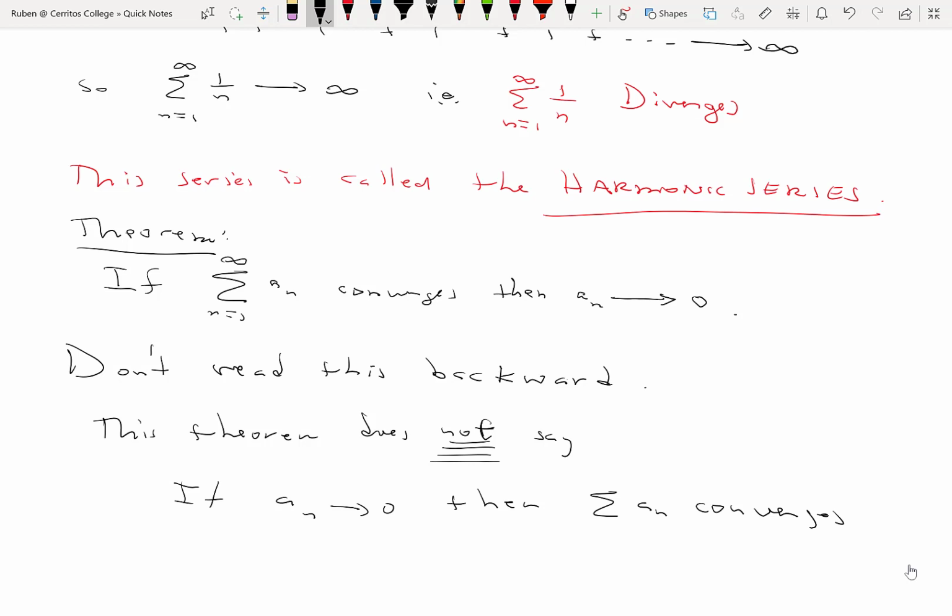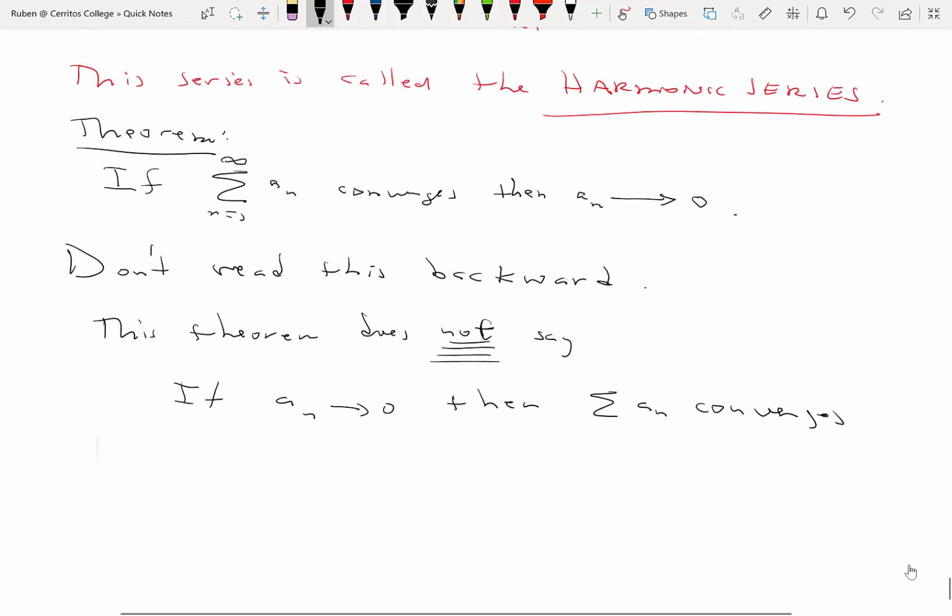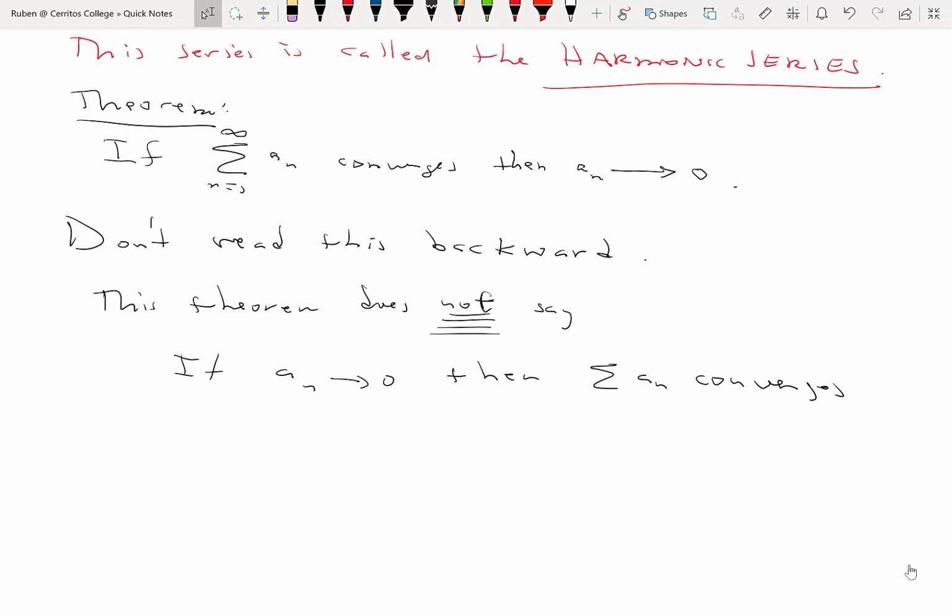It's not saying that if the pieces of pizza are getting to 0, then when you add them up, you get convergence. I'm going to highlight this in red. It's that important, and it's that important that we spend more time on this.